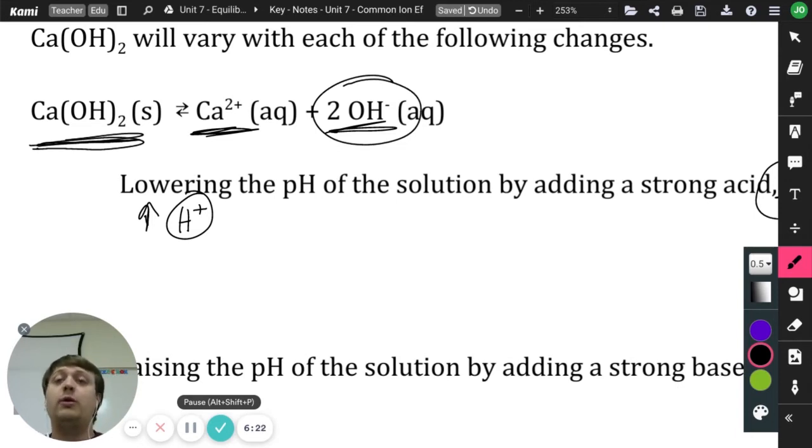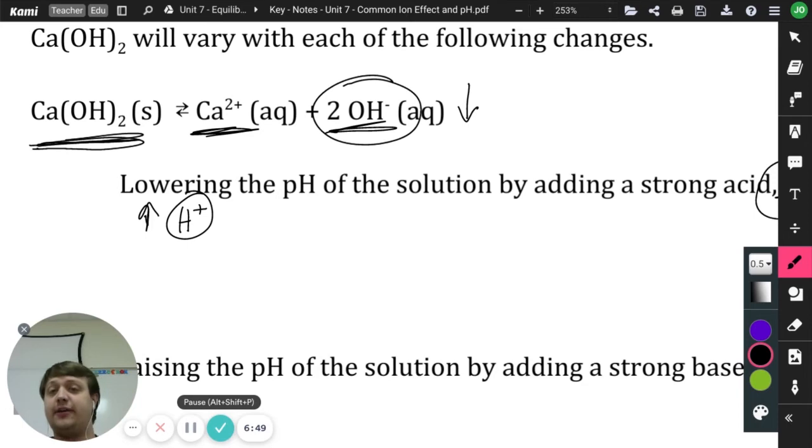And so as a result, we would get some more water. Now, I'm neutralizing that hydroxide, so I am actually reducing how much product I have. Based off of Le Chatelier's, if I decrease my product, what am I going to have to do to restore equilibrium? I'm going to have to consume some reactants to form some more product, so I'm going to have to shift to do that.